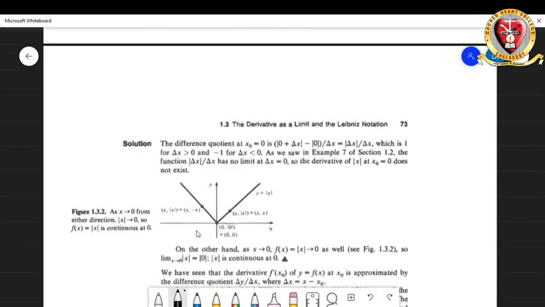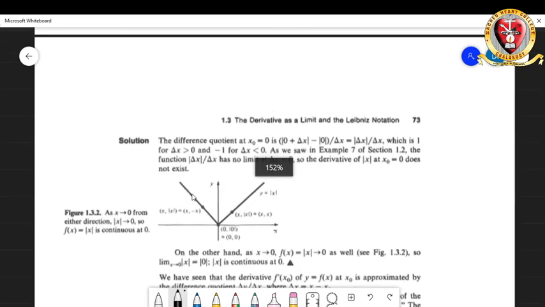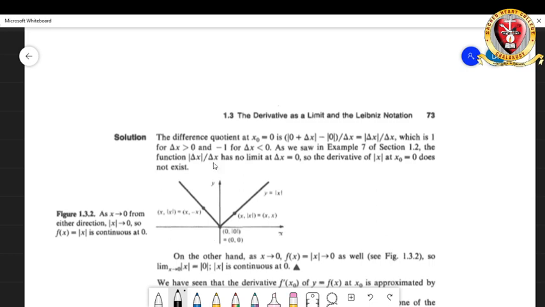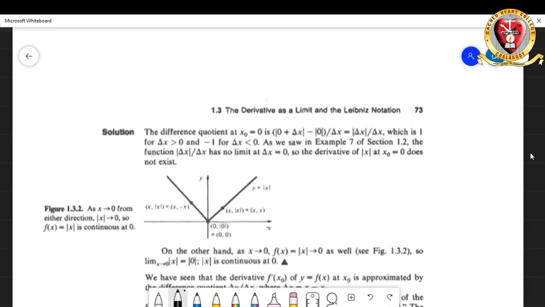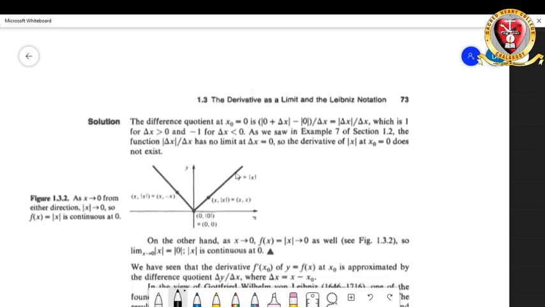So this is the function f of x is equal to mod x. You can see it here. For that, the difference quotient is taken at x naught is equal to 0.